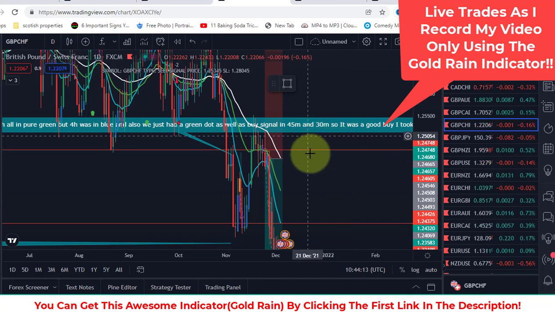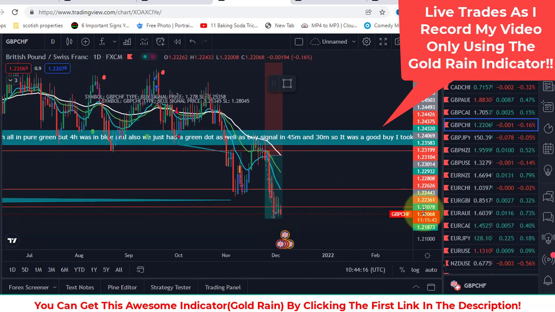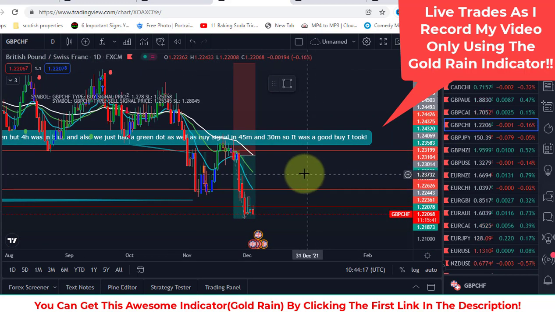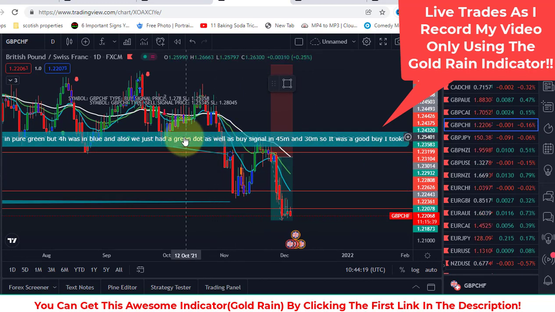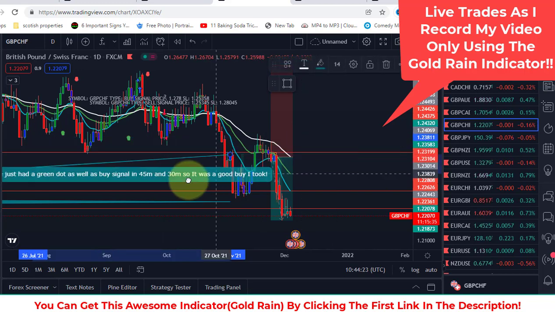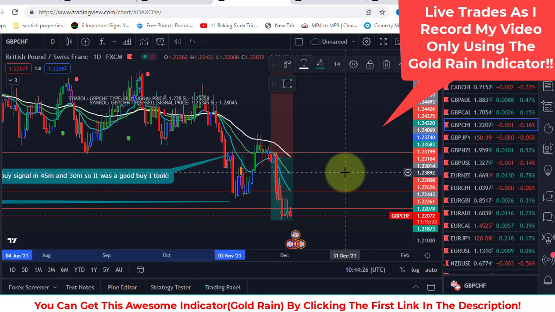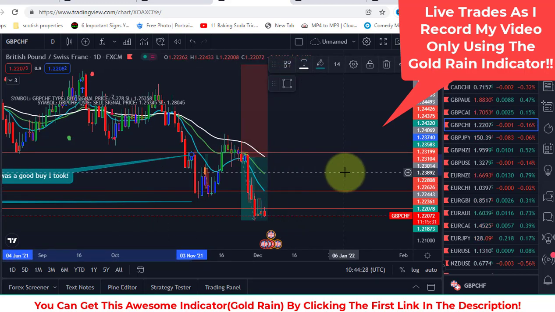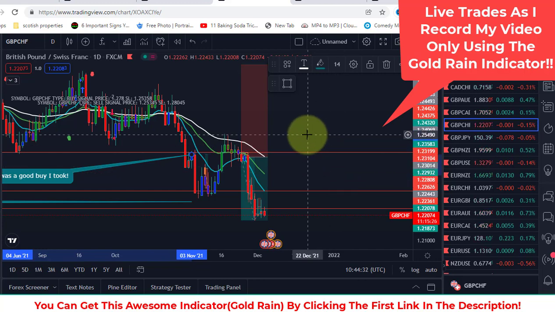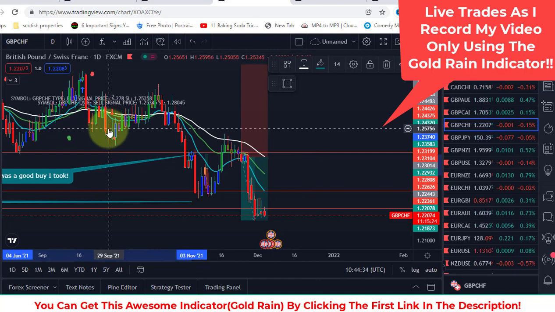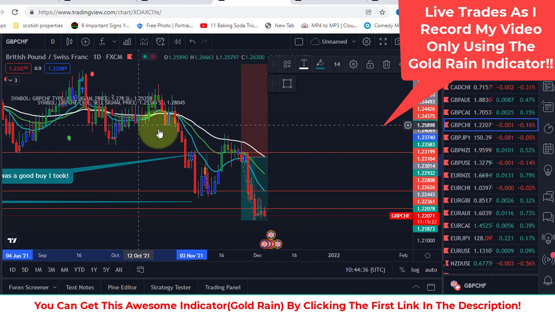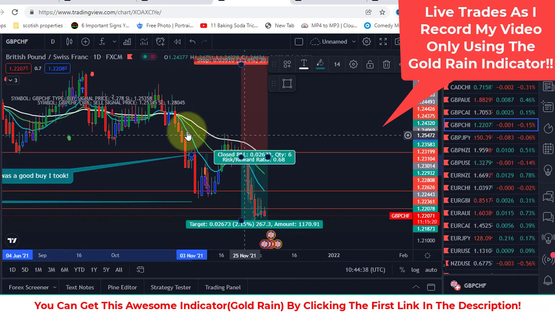Here we could see, this is the daily time frame. We had this signal days ago, and since then we didn't have any other buy or sell signal, meaning you could expect continuation of whatever was signaled days ago, maybe a week or two weeks ago.